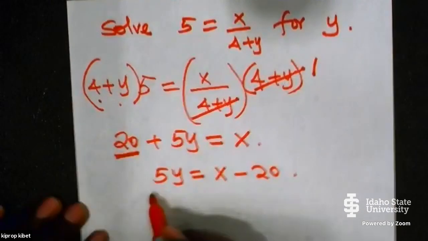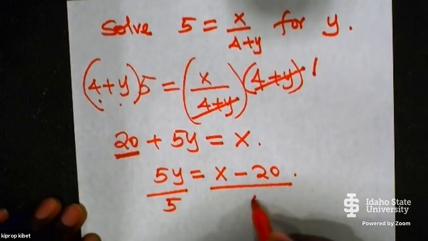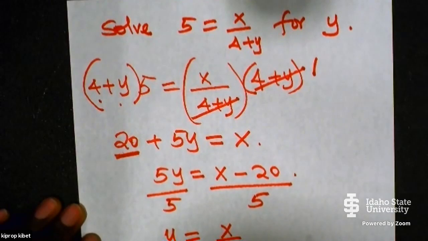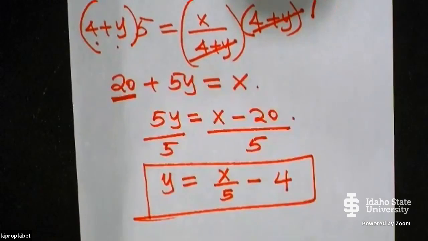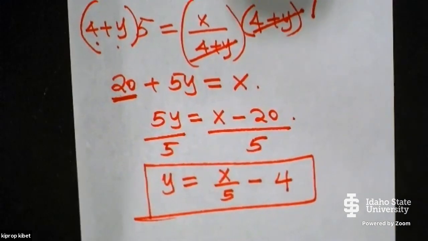You divide by 5. So finally, y equals x all over 5 minus 4, or you can just leave it like this: y equals x minus 20 all over 5. Okay.